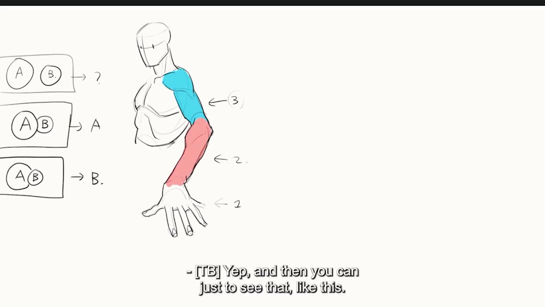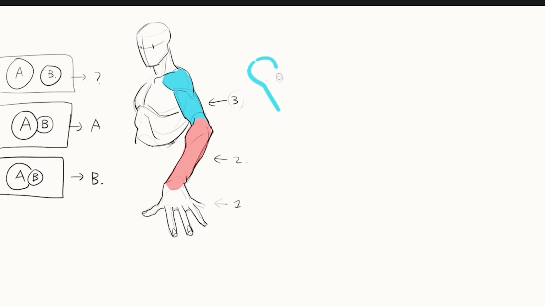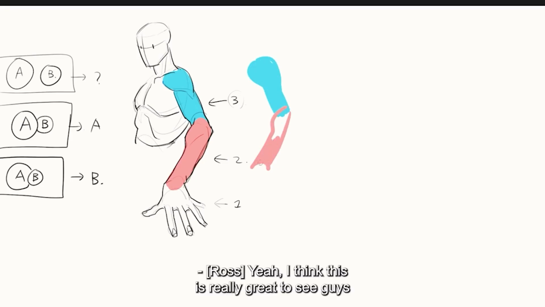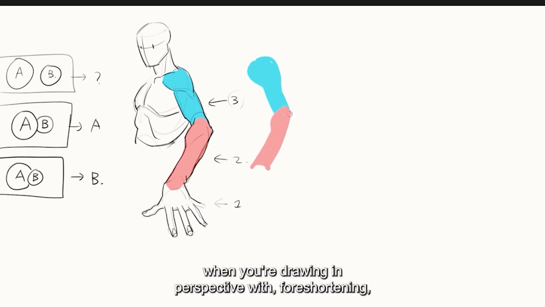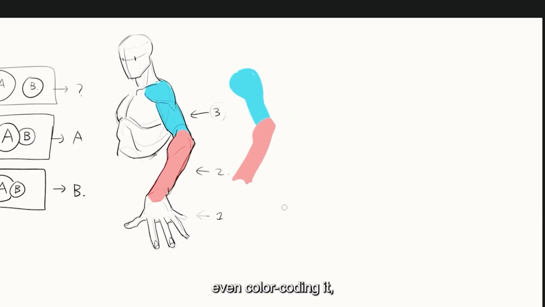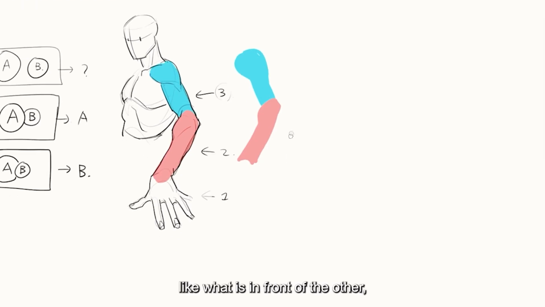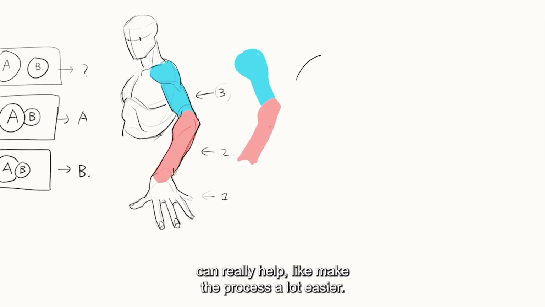And then you can just see that like this. I think this is really great to see, guys. When you're drawing in perspective with foreshortening, even color coding it or trying to compartmentalize in your brain what is in front of the other can really help make the process a lot easier.